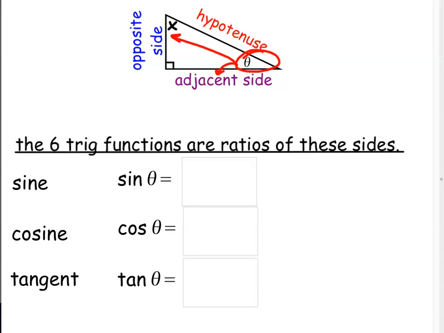Do you remember the ratios for sine? Which of these sides are used for sine? Okay, in that order? Okay, so sine is going to be opposite divided by hypotenuse. Cosine will be what?